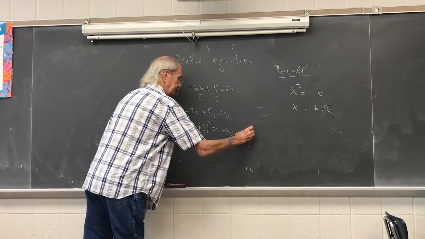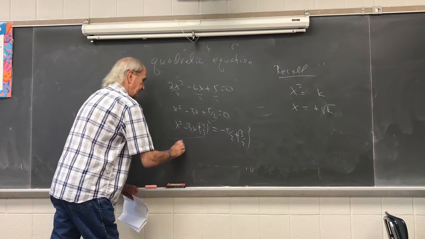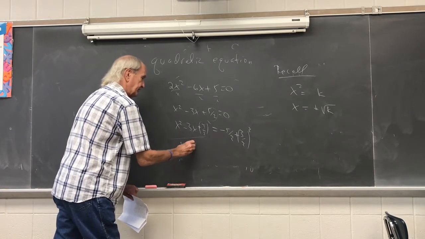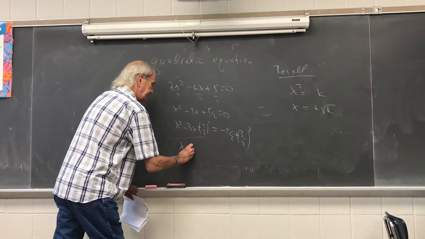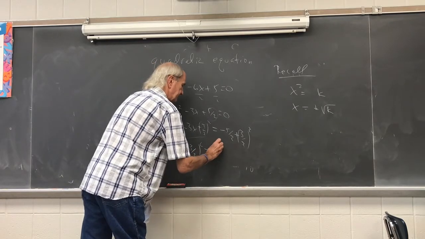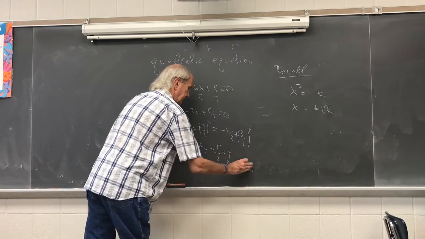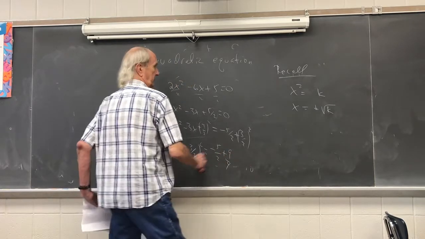This is a perfect square trinomial. This is a minus sign, so a minus goes here, and we took 3 halves. And we have minus 5 halves plus 9 fourths. So we'll clean that up a little bit.